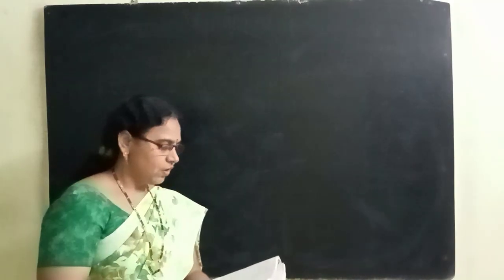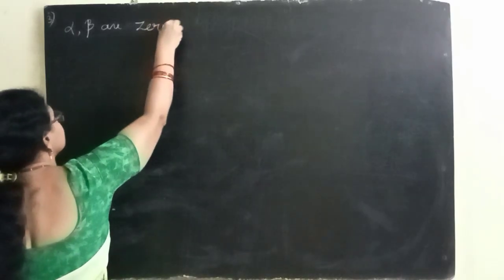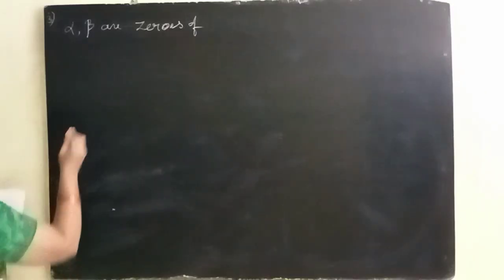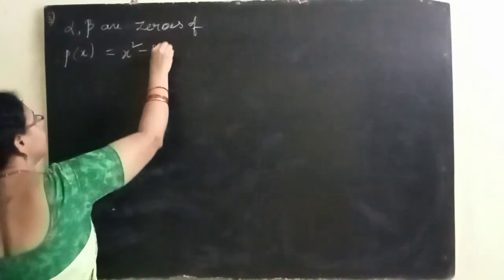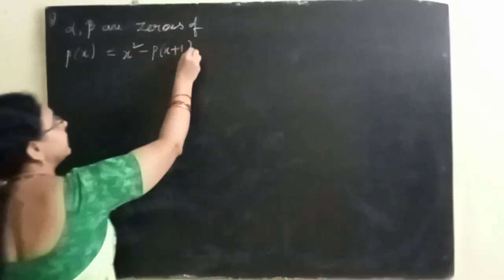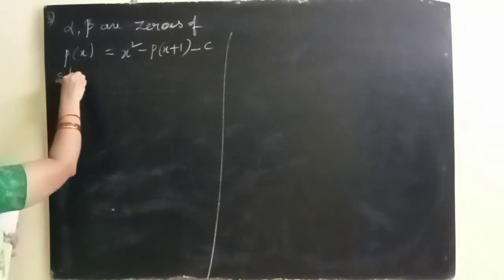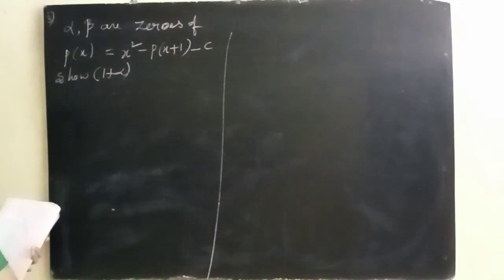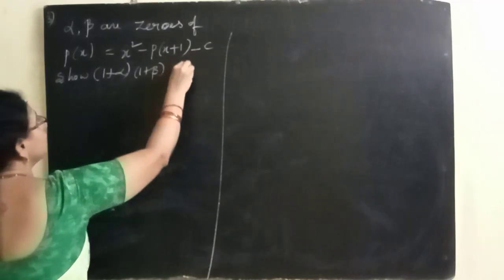If alpha and beta are zeros of p of x square minus p of x plus 1 minus c, show that 1 plus alpha and 1 plus beta is equal to 1 minus c.